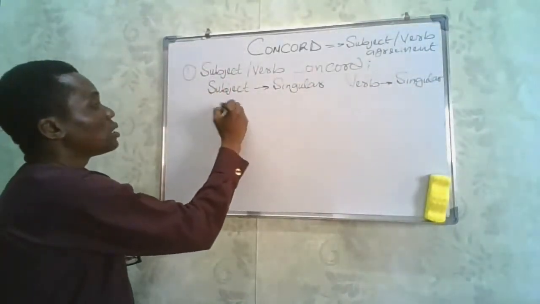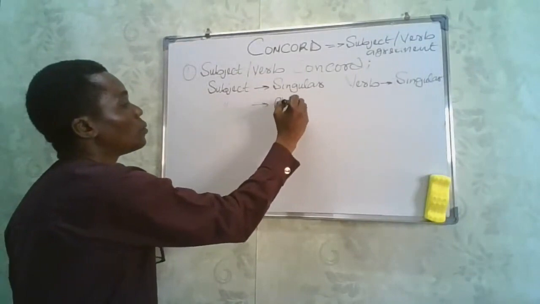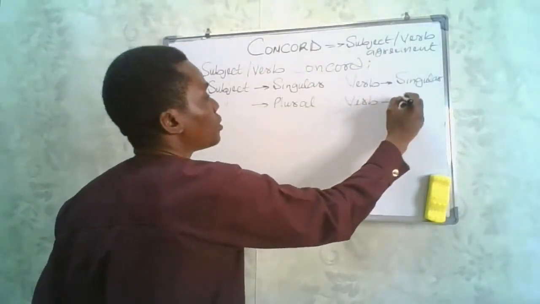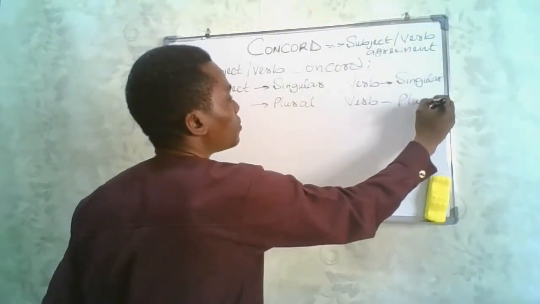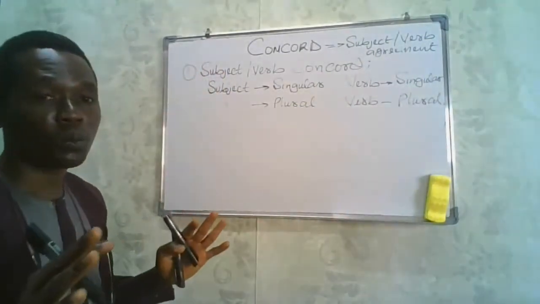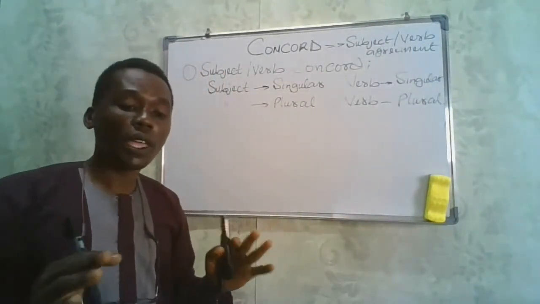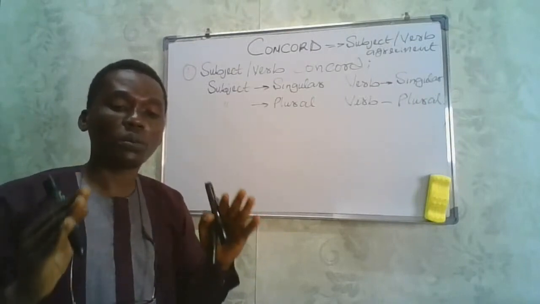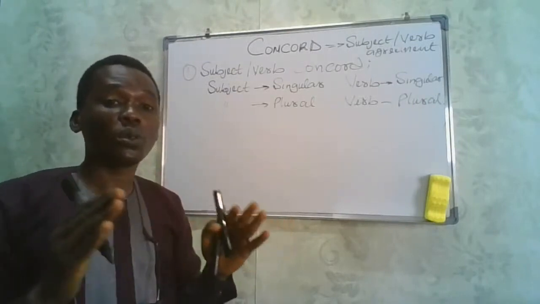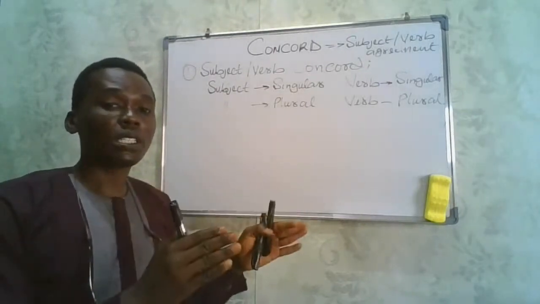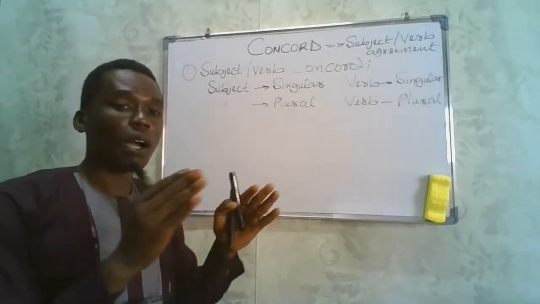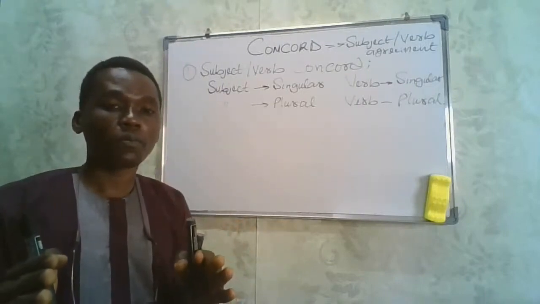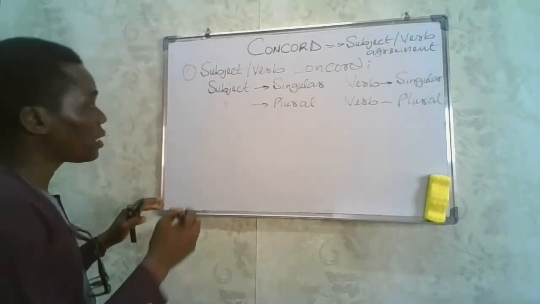And when the subject is plural, then the verb should also be plural. Take note of those two points. If you have a verb that is singular, you stick to it. The verb should be singular and the noun should also be singular. So when the subject is singular, the verb is singular, and when the subject is plural, the verb will also be plural.